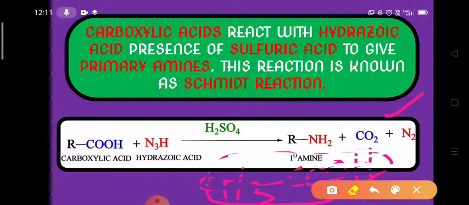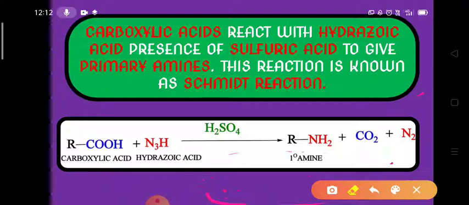Ammonia formula is NH3. Here we should not get any confusion regarding the formula of the hydrazoic acid. Formula of ammonia is NH3, whereas the formula of the hydrazoic acid is N3H. And we know very well the formula of the sulfuric acid, that is H2SO4.